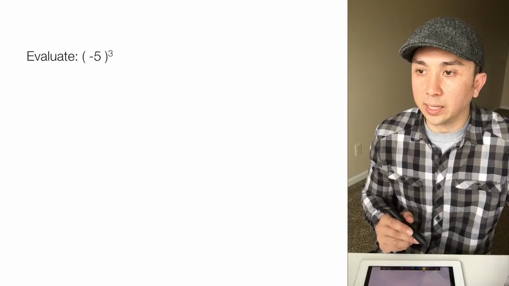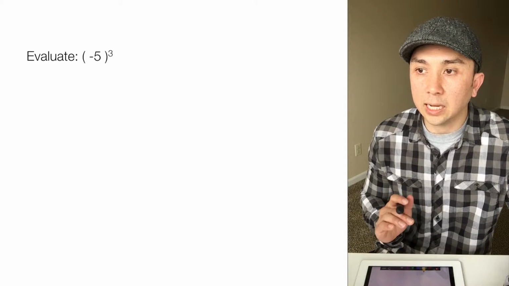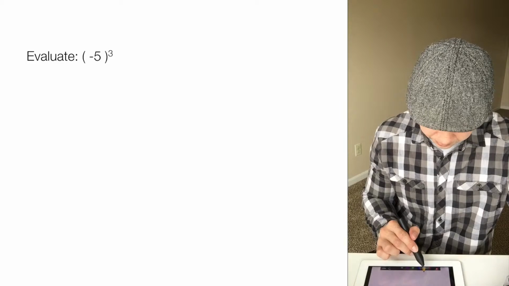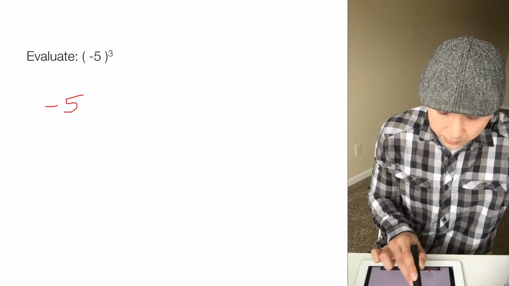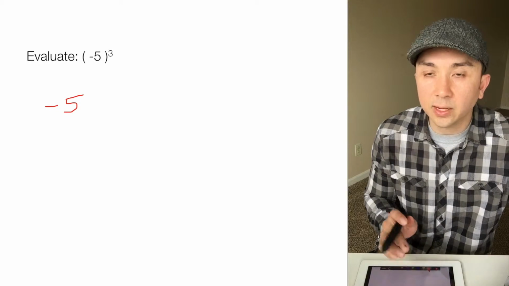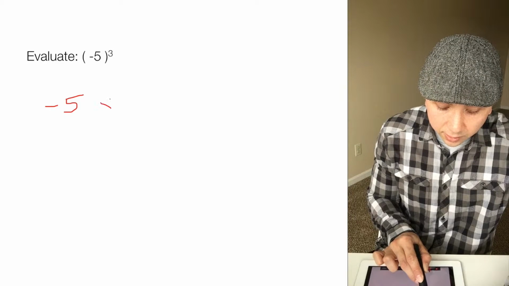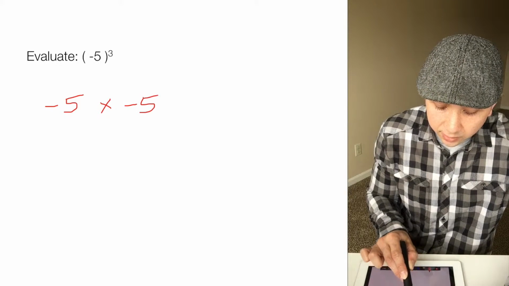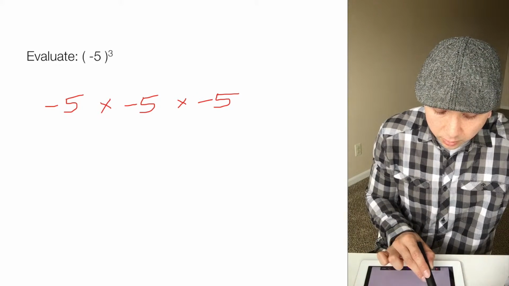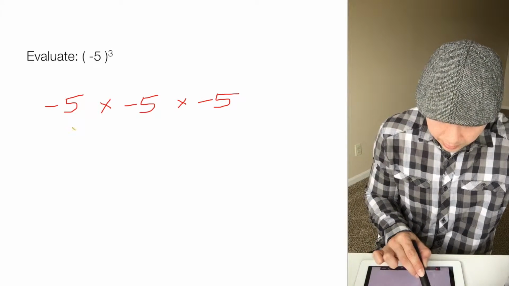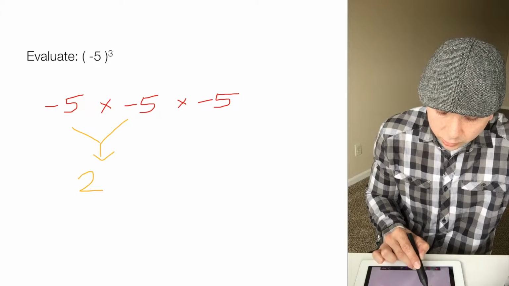Now let's evaluate -5 to the third power, or -5 cubed. So here we have -5. This tells us that -5 is to be multiplied 3 times. So we're going to take -5 times -5 times -5. We know that -5 times -5 gives us positive 25.